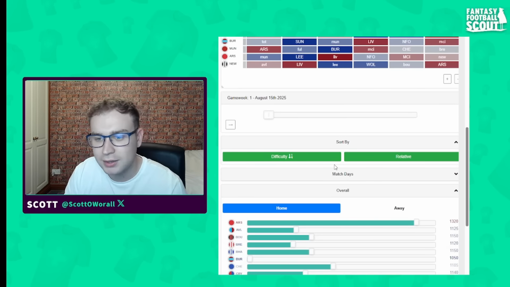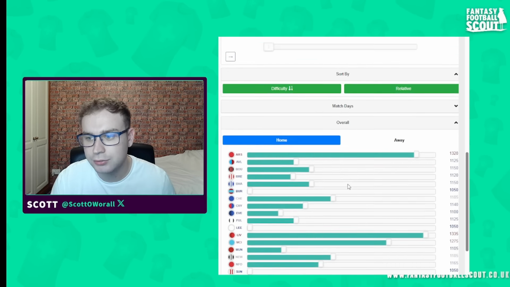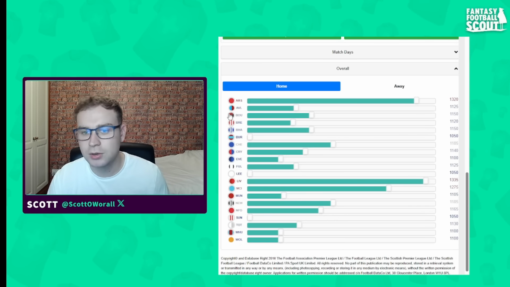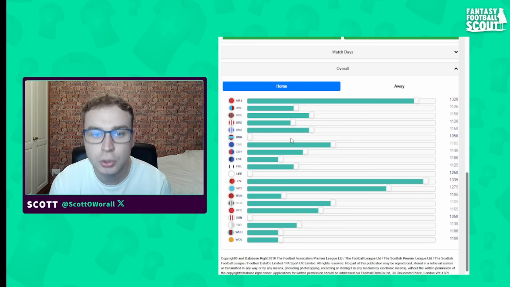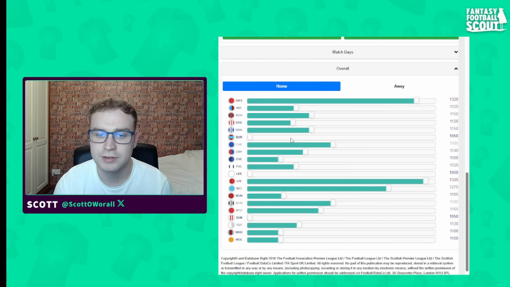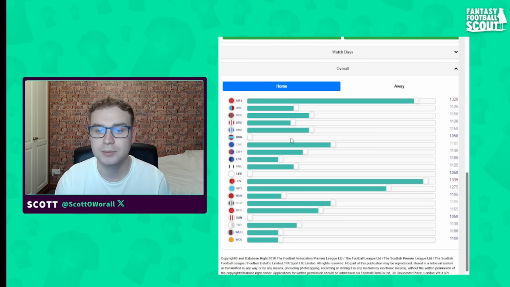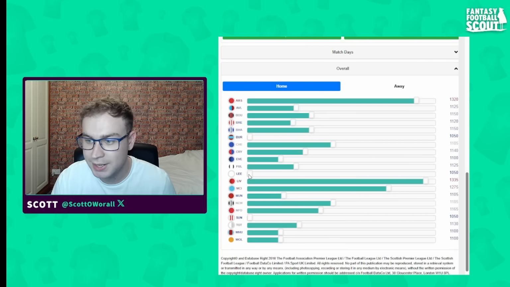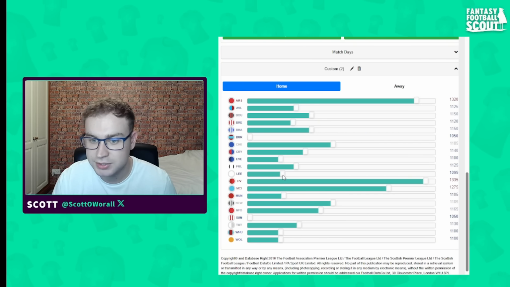You can also, if you go down to custom down here, these are our current ratings, based on a number of metrics that I've used to create the FDR. This is based on our statistics of where each team comes. But if you think, for example, that Leeds are slightly better than they are, like I probably would, you can move Leeds up to about here on the FDR.